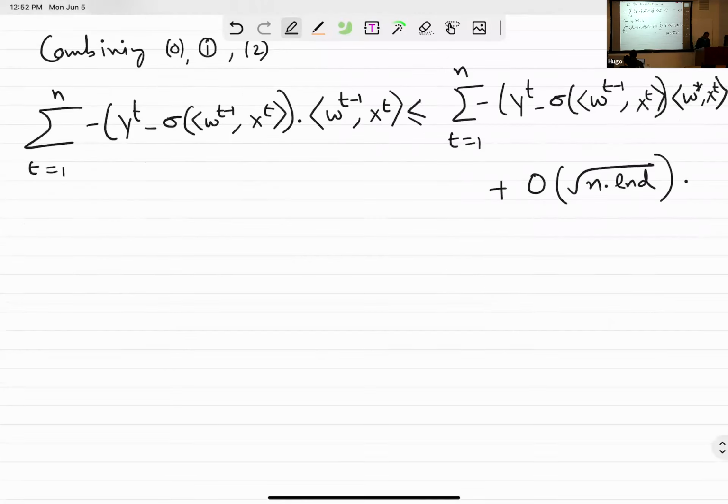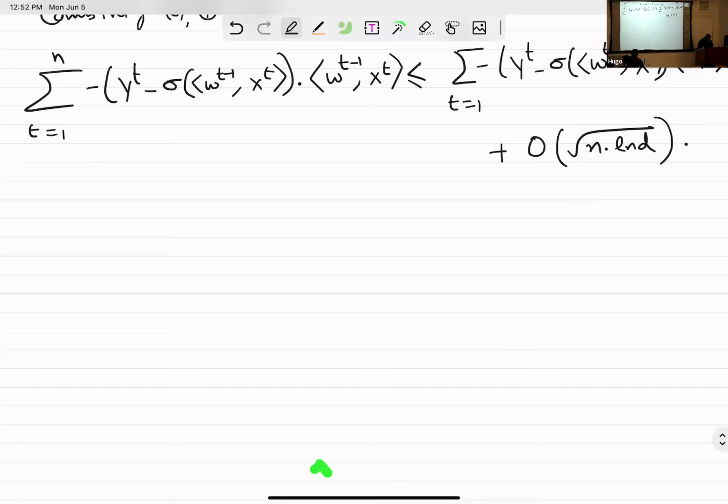We can now simplify the calculation a bit and say, well, this is true.